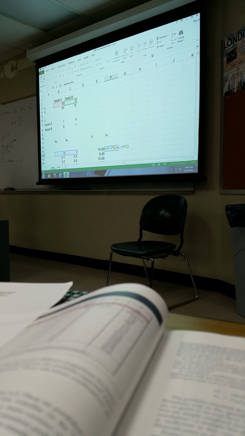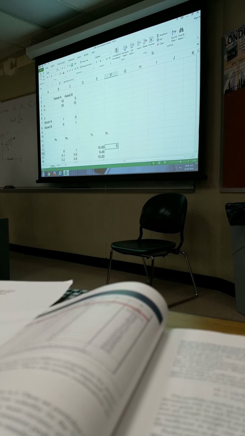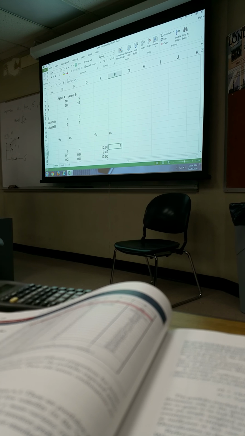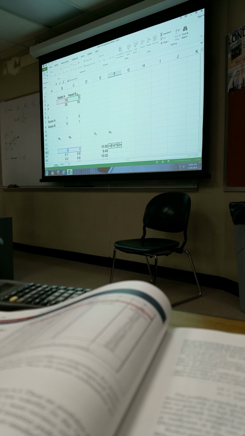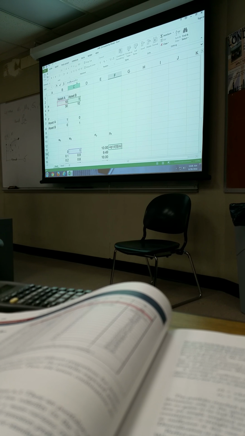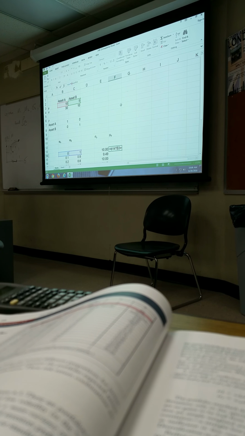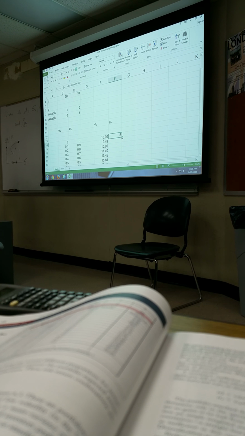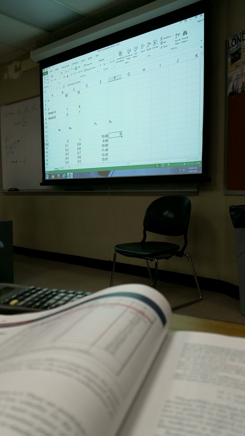Once again, I want to copy this down so that I can move fast. Here, P14 is going to be, no. Hit F4 a couple times. P14. So I anchor B3 and C3. Enter.